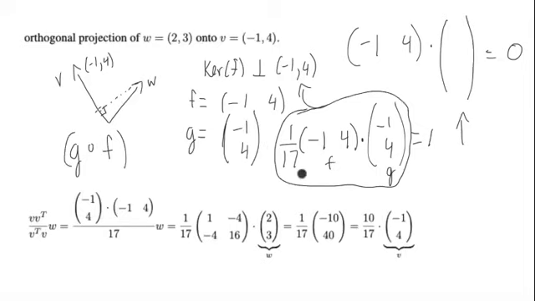Now, realize what this scalar represents. This is just the dot product of these two, this matrix multiplication. This 17 is just the dot product of (-1, 4) with itself.